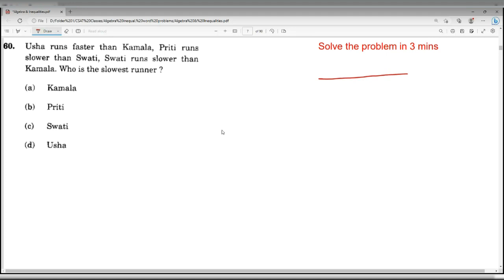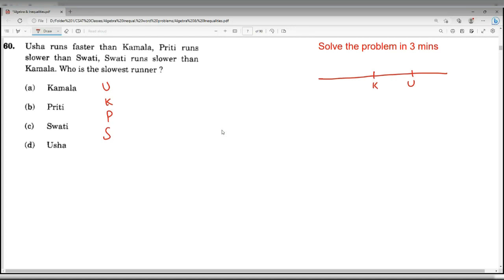So on the number line, the speeds are represented with which each person runs. So we have Usha, Kamala, Preeti, Swati. Only four people here. The first sentence says that Usha runs faster than Kamala. So Kamala is here and Usha is greater than Kamala. Preeti runs slower than Swati, and Swati runs slower than Kamala.